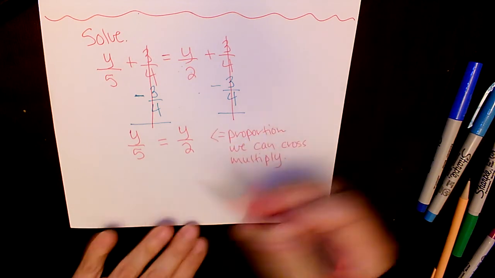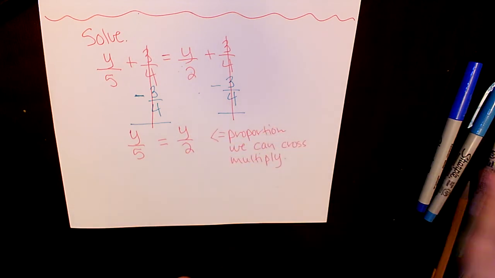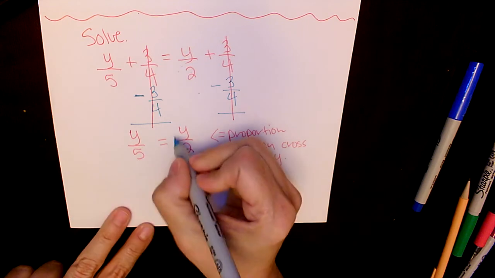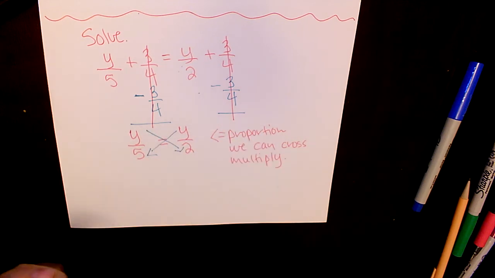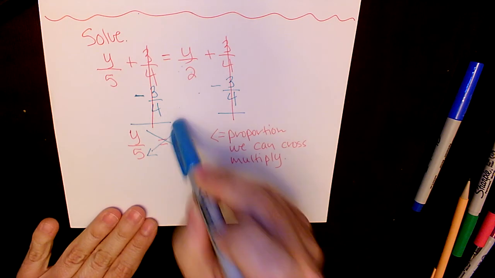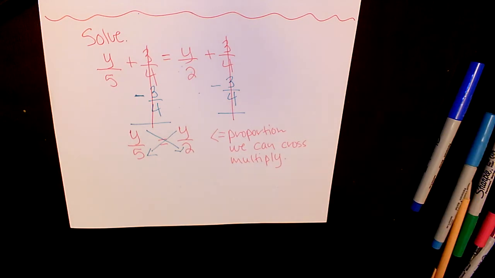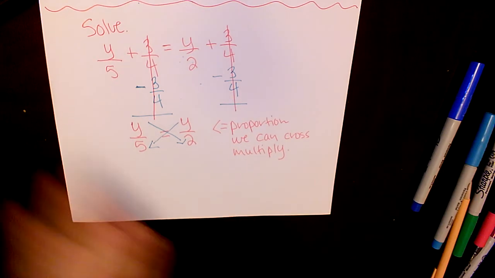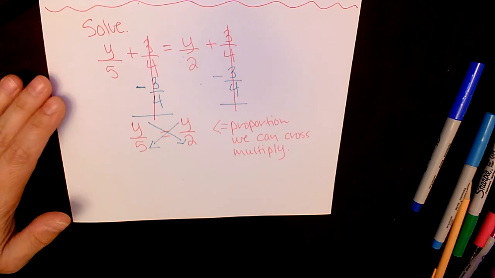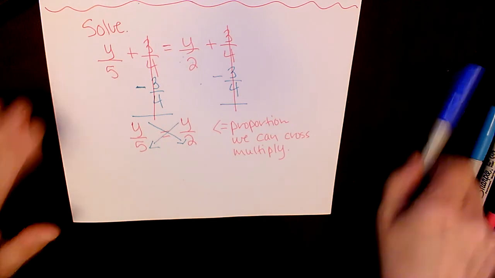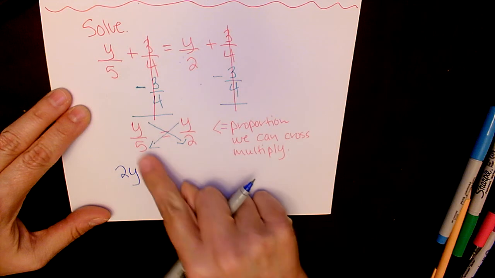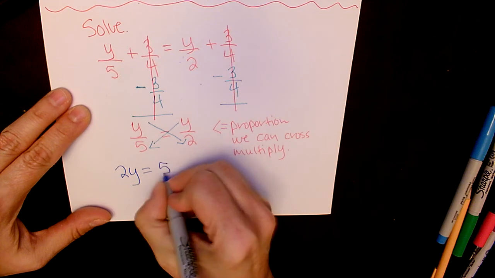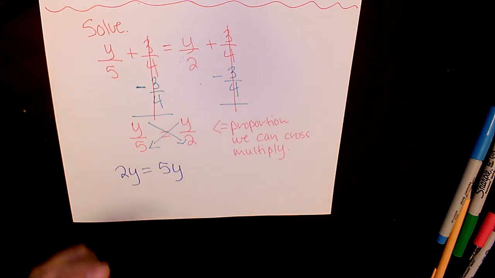Let me just do a little refresh, you're going to multiply y times 5 and then multiply y times 2. We're just crisscrossing and multiplying. So y times 2 is just 2y, and 5 times y is 5y.